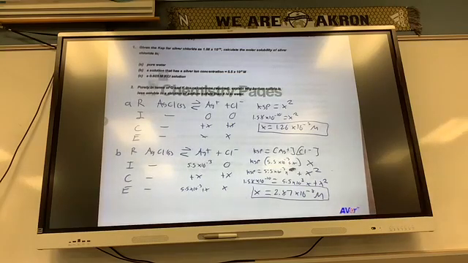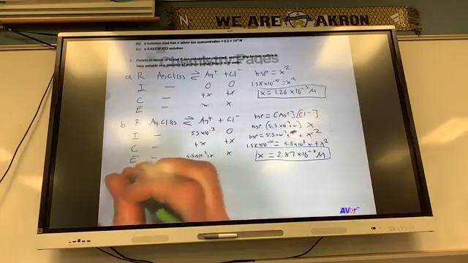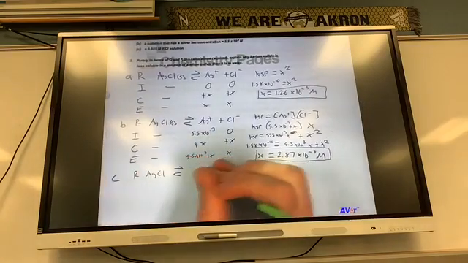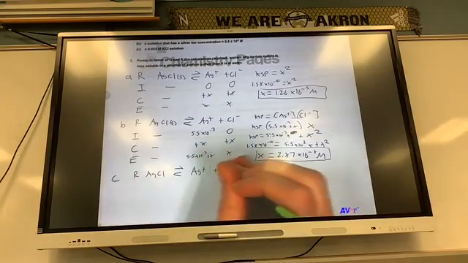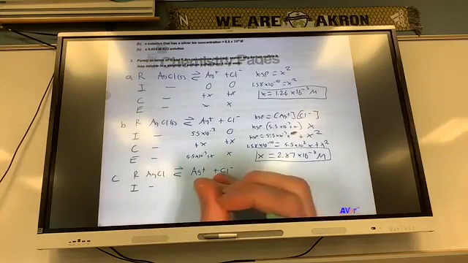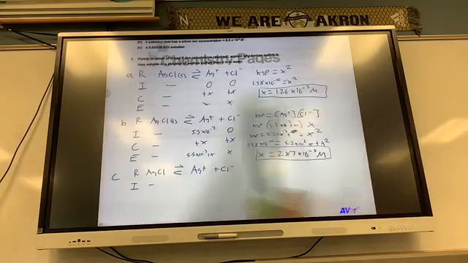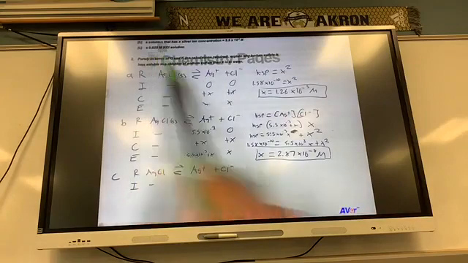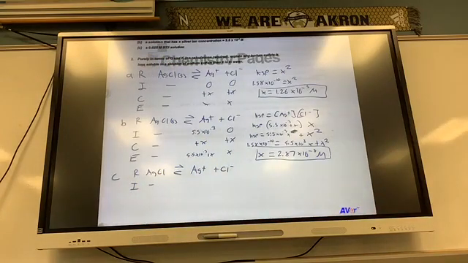So, last one. For C, the reaction AgCl is in equilibrium with Ag plus Cl minus. On this one, I have a 0.025 molar potassium chloride solution. Do I have any silver to start?